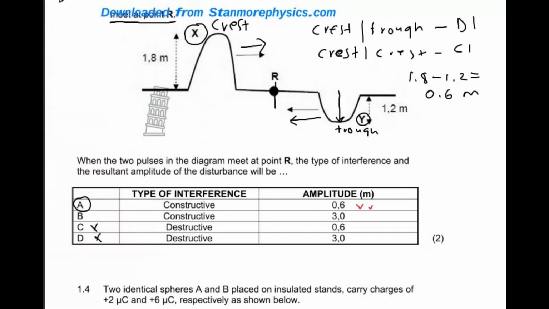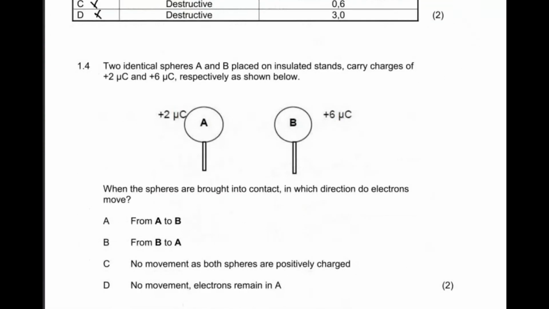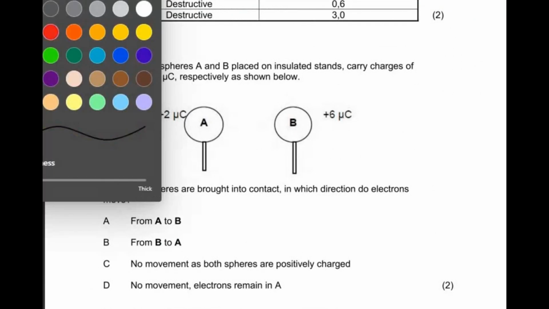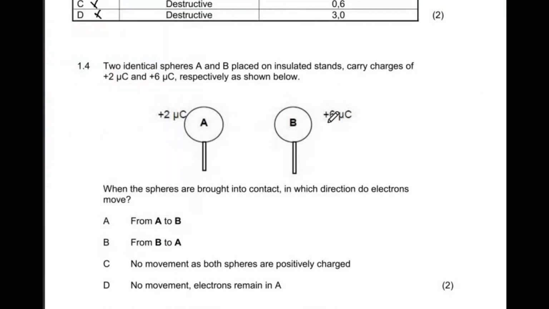Let us now go to question 1.4. This question is based on electrostatics. Two identical spheres A and B placed on insulated stands carry charges of plus 2 microcoulombs and plus 6 microcoulombs respectively, as shown below.